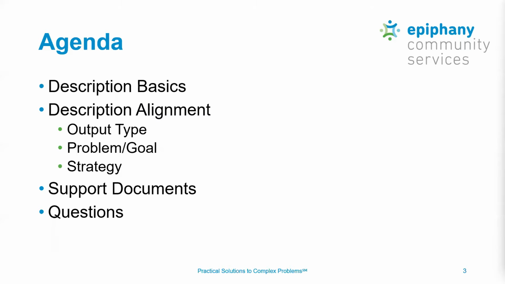These 3 categories, output type, problem, goal, and strategy, are the 3 main reasons we see entries marked as needs attention, or something along those lines, where you might have to fix it. So we're going to talk about aligning your description with those 3 main areas today.